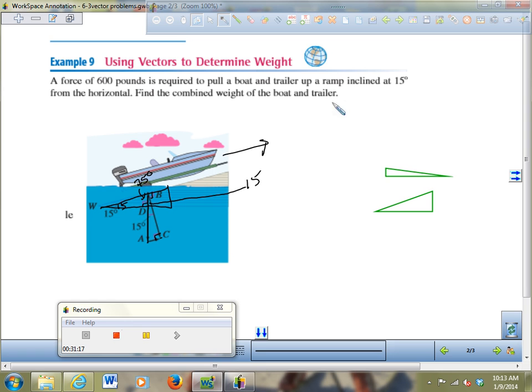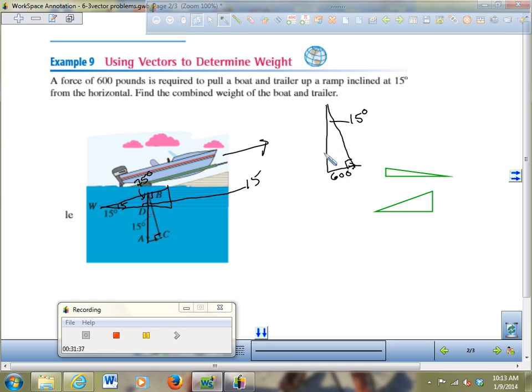Okay. So basically, what I'm doing is I'm looking at a right triangle, where this angle is 15 degrees. This, right here, is 600 pounds.